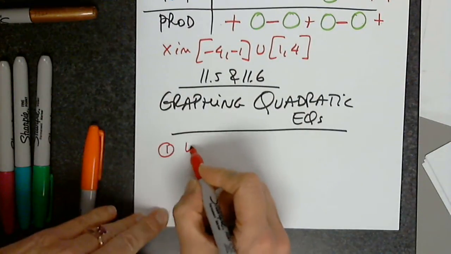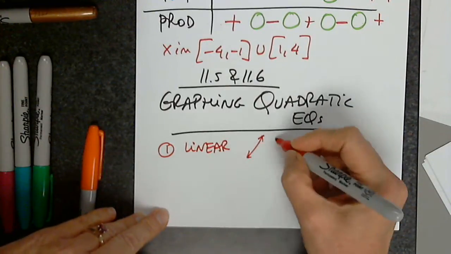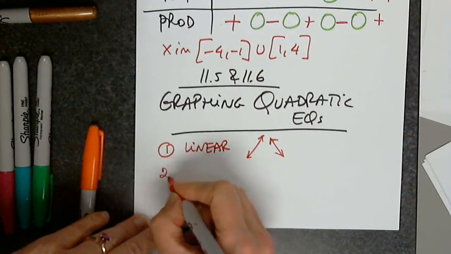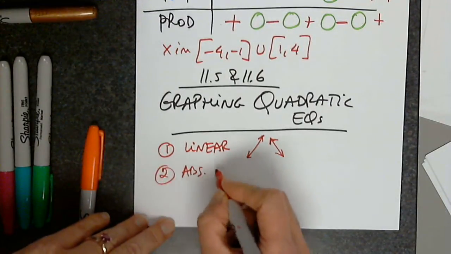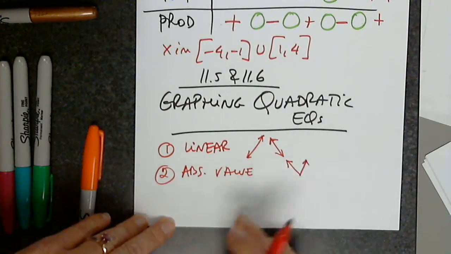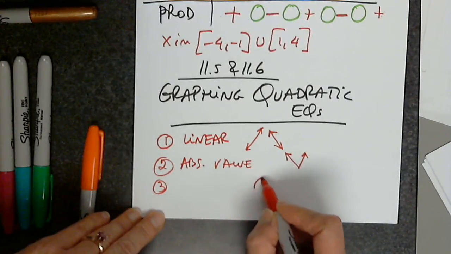Here's the first one, linear, which is this graph or this graph. Second one, absolute value, which is this graph. Now I want you to tell me, what is this graph?